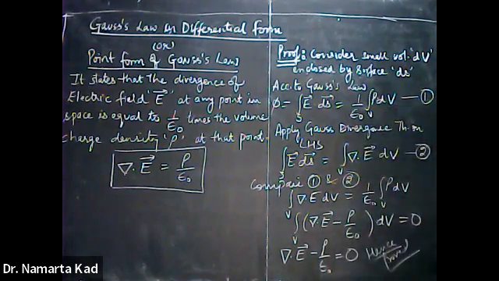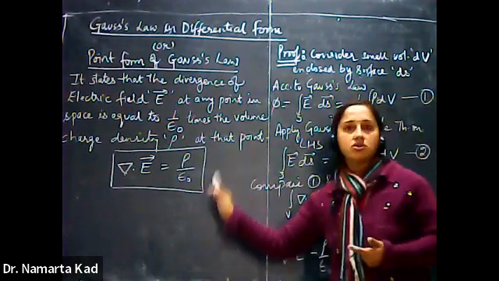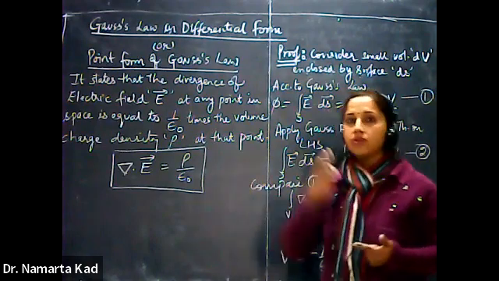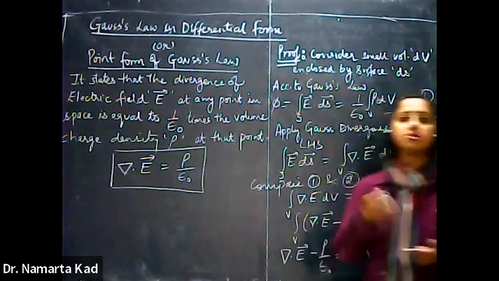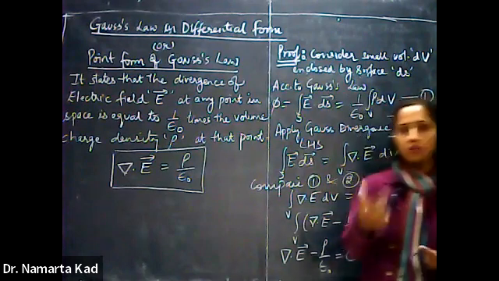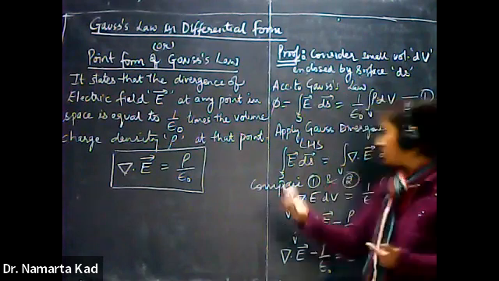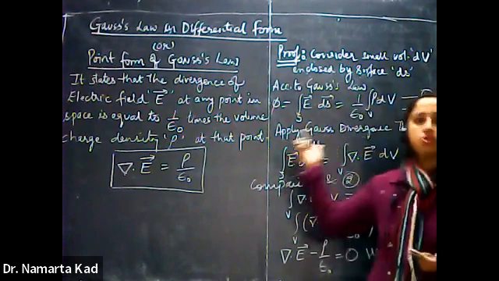What does this mean? It can be applied only if the surface encloses the volume completely. That is the same condition we took in the case of the Gauss divergence theorem also.